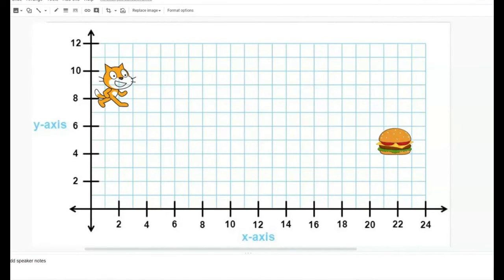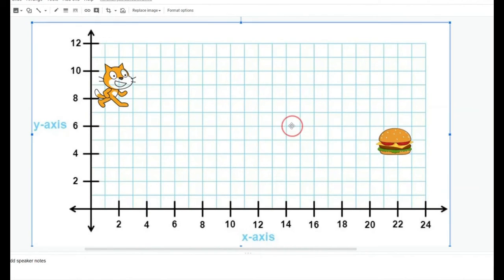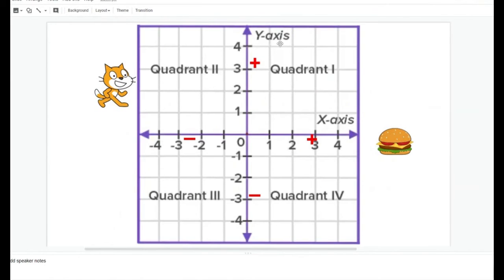What we have actually created here is quadrant 1 of a coordinate grid. If we zoom out, we will see that we were working in this quadrant 1 of the coordinate grid. In this quadrant, the x's are positive and the y's are positive. In quadrant 2, if we go around counterclockwise, the x's are negative, but the y's are still positive.